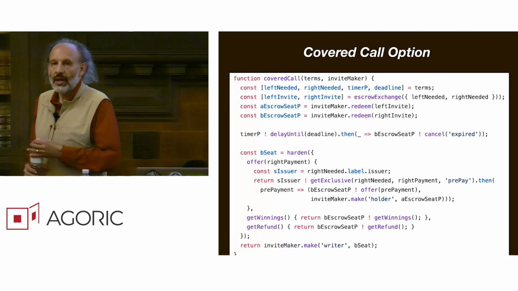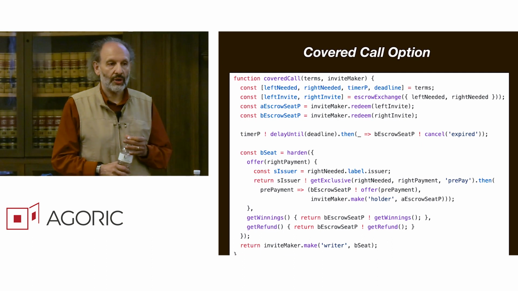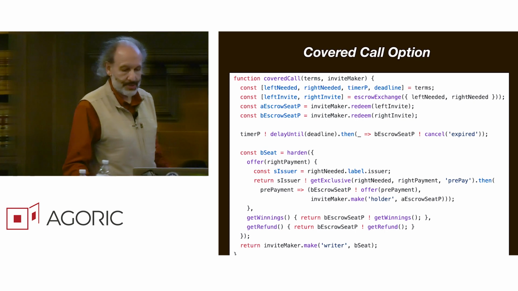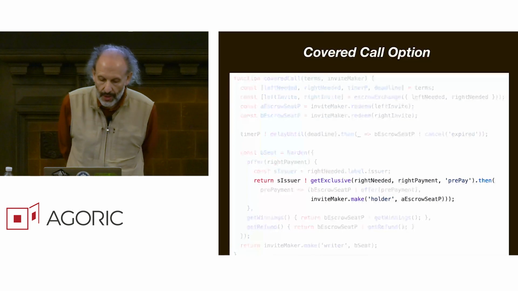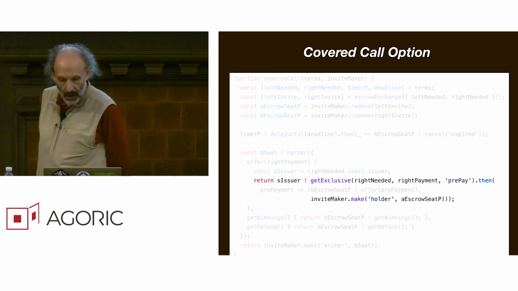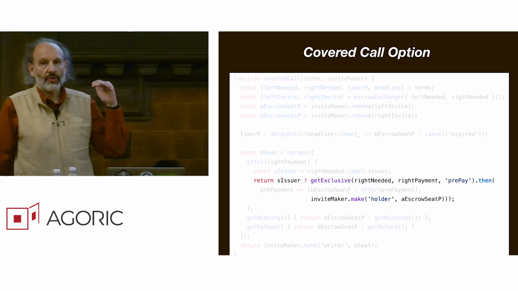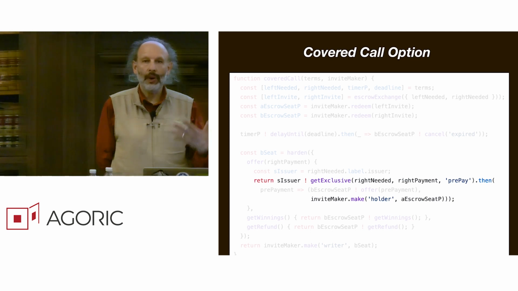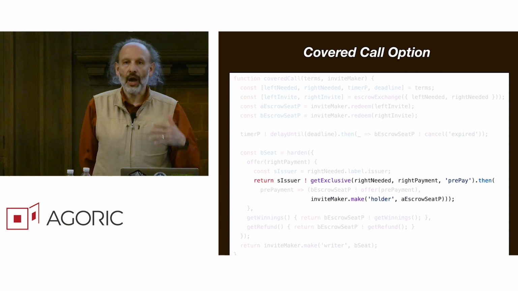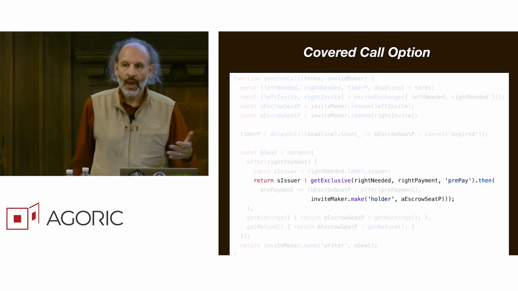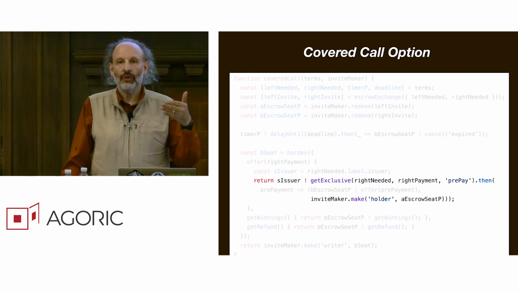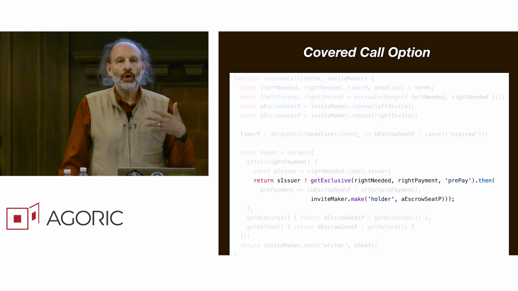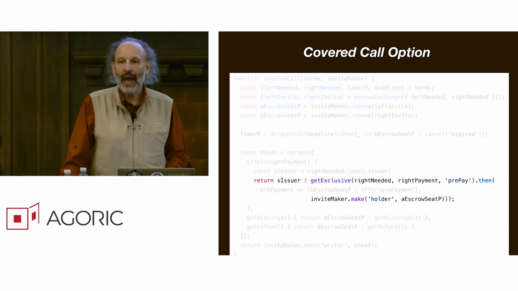And this is the code needed within our framework to express a covered call option. The important lines are these, where the covered call option first obtains from Bob into escrow the concert ticket that he would be offering, and only once those rights are safely in escrow does the contract create the ability for Alice to participate.